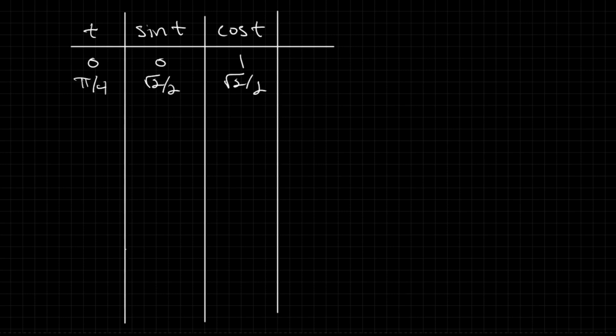And I'm going to go ahead and fill this in relatively quickly at this point. So we have pi over 2, we need 3 pi over 4, we need pi, we need 5 pi over 4, we need 3 pi over 2, we need 7 pi over 4, and we need 2 pi.